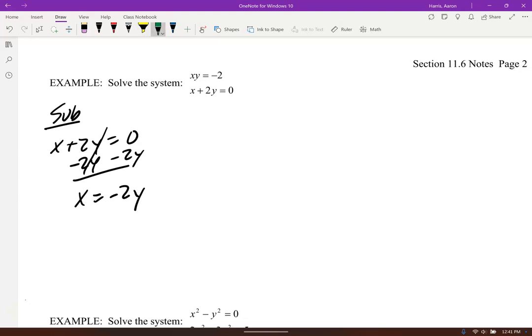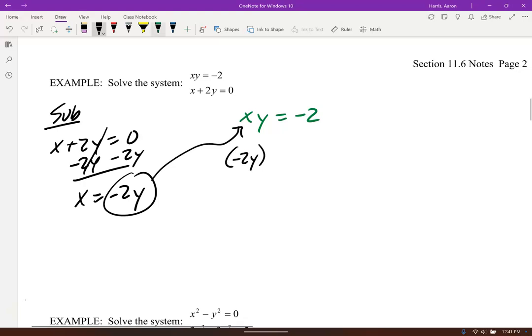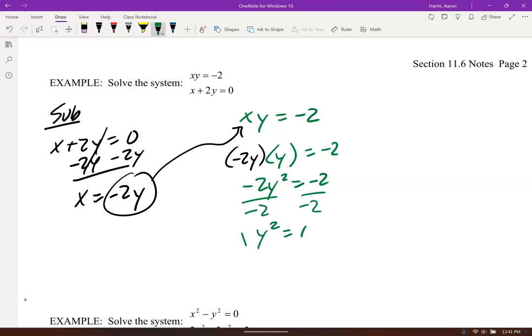So then I use the top one, xy equals negative 2, and I go ahead and plug that x in. So I have negative 2y times y equals negative 2. So I get negative 2y squared equals negative 2. I go ahead and divide both sides by negative 2. y squared equals 1, square root.